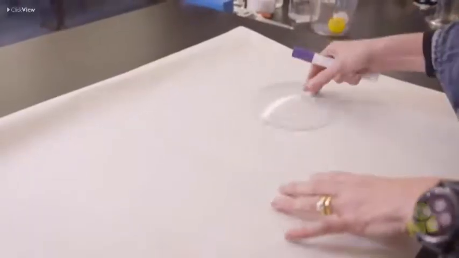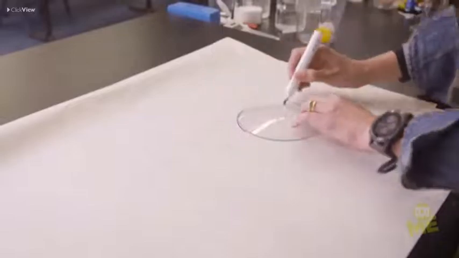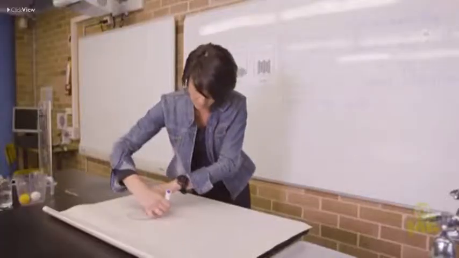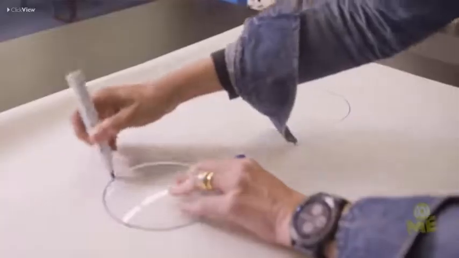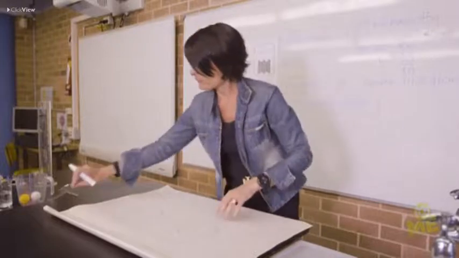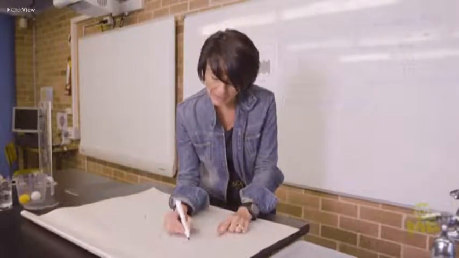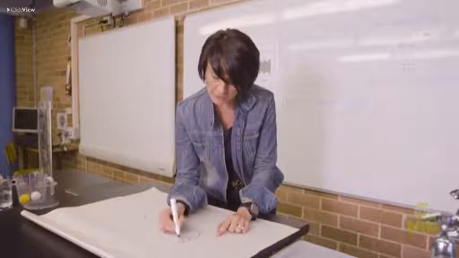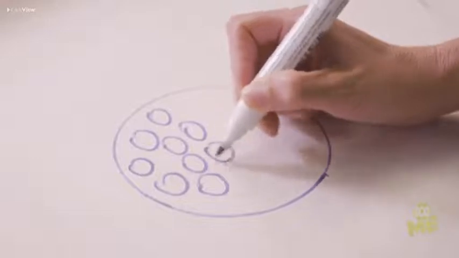I'm going to use a watch glass to represent round balls. So in my golf ball, the particles are close together and more compact.